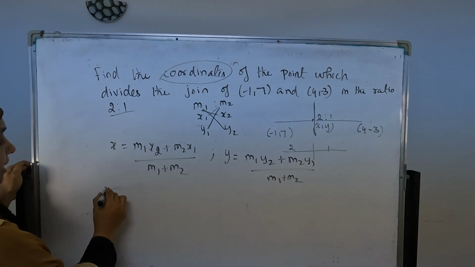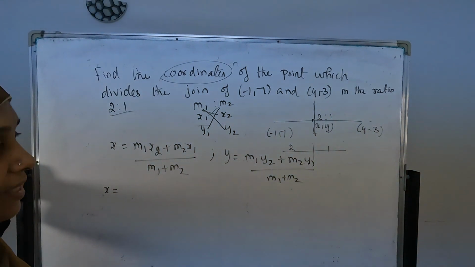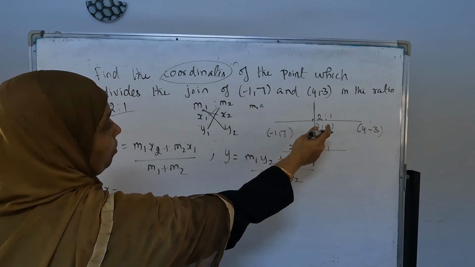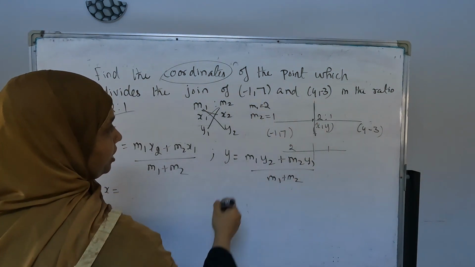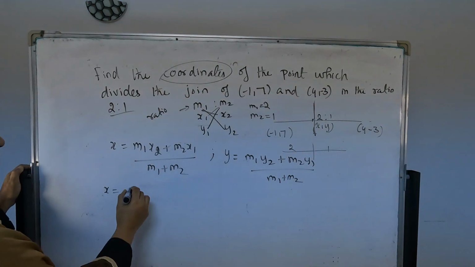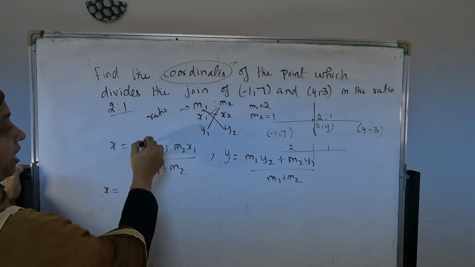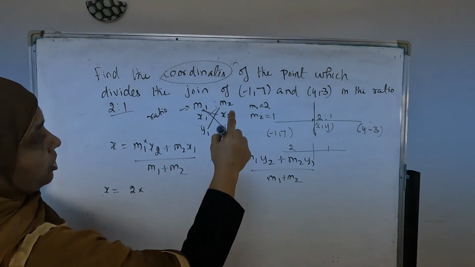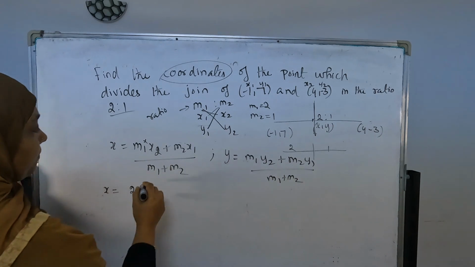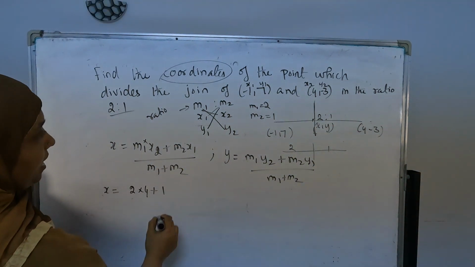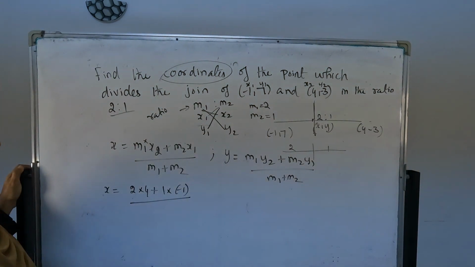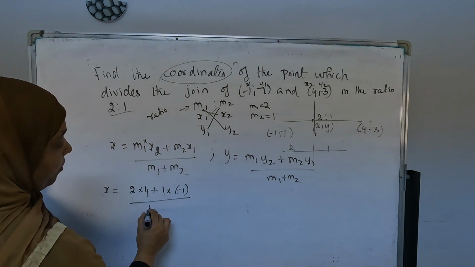Now, because they are asking for the coordinate only, m1 is equal to 2 and m2 is 1, the ratio values. So x is 2 times x2, where x2 is 4, plus m2 which is 1 times x1 which is -1, by 2 plus 1.